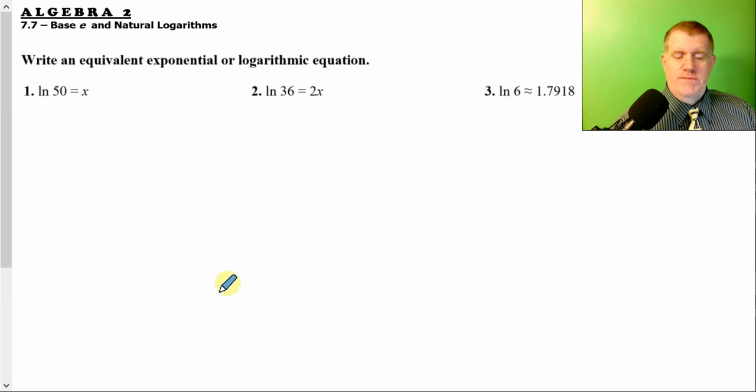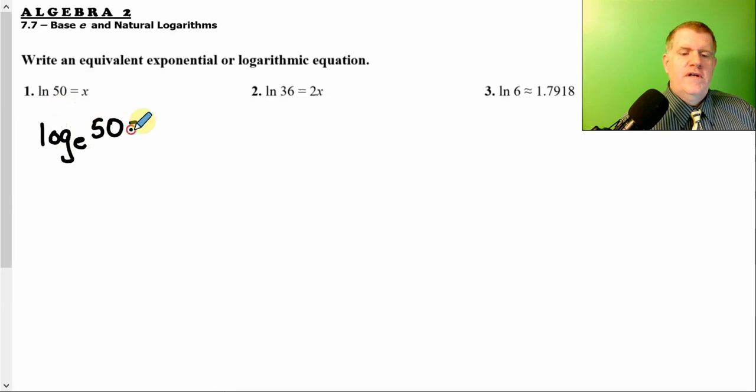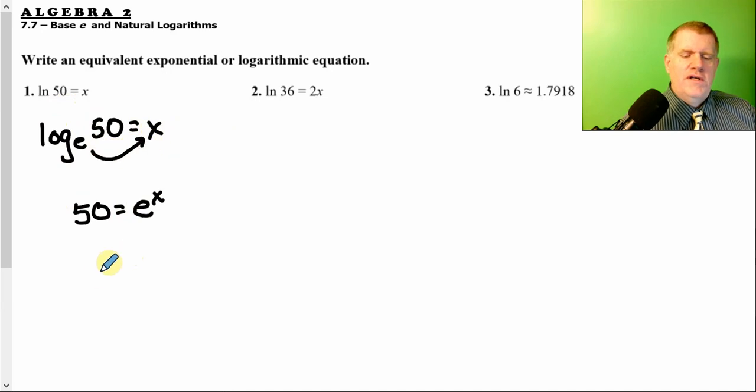All you got to do is remember that ln of 50 is really the same as this. So if I was just going to rewrite it, it'd be 50 equals e to the x. Remember, that's your base. That just jumps over here. Or you can write it this way first if you prefer.